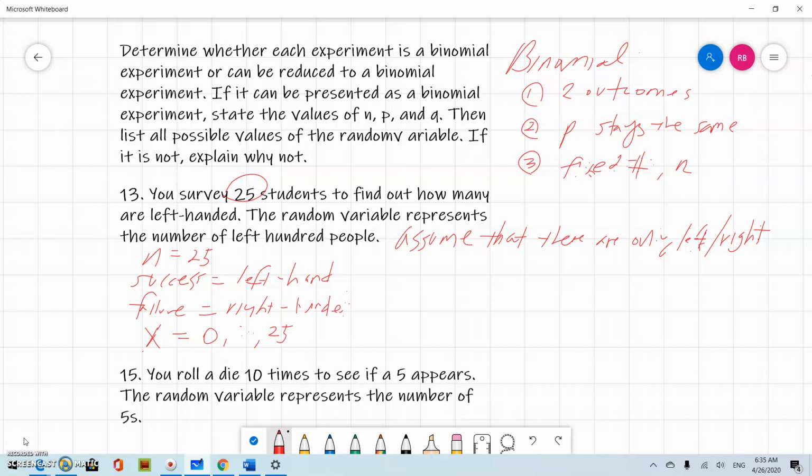What about probability? Well, since there are only two outcomes, either left or right, p is going to be 0.5. And q will also be 0.5 because it's 1 minus p. Obviously, and that's it. So that's number 13.